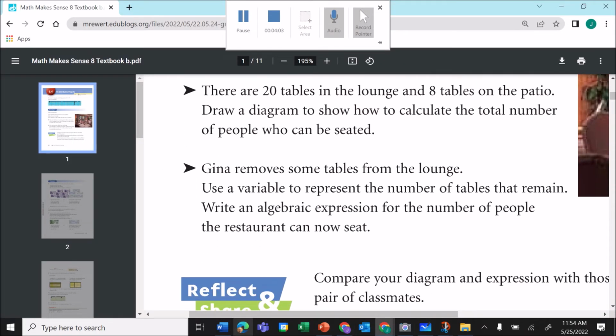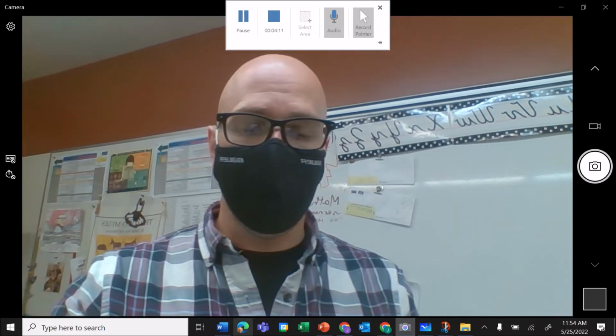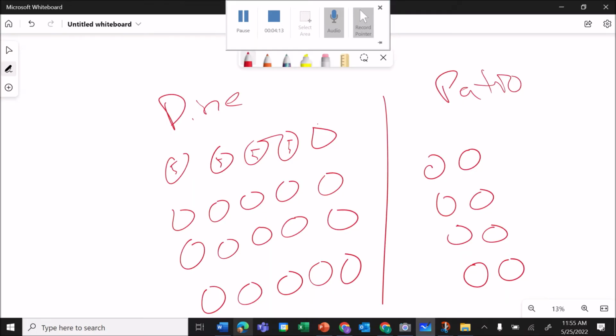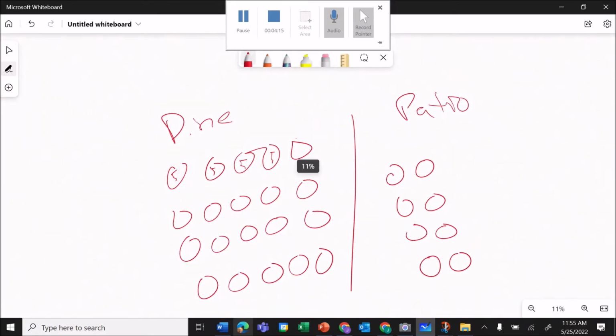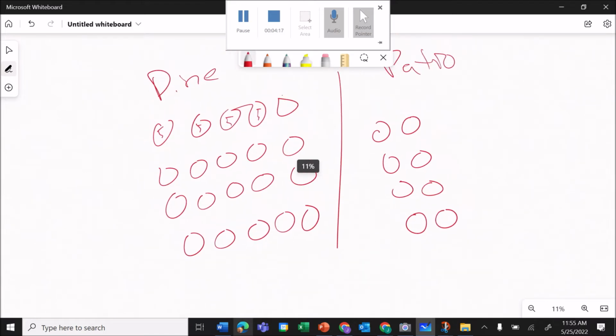Then Gina removes some tables from the lounge. Use a variable to represent the numbers that remain and an algebraic expression. Now, first off, let's see if we can use a distributive property to represent this table. So I need something in the brackets. There's a distributive property here.